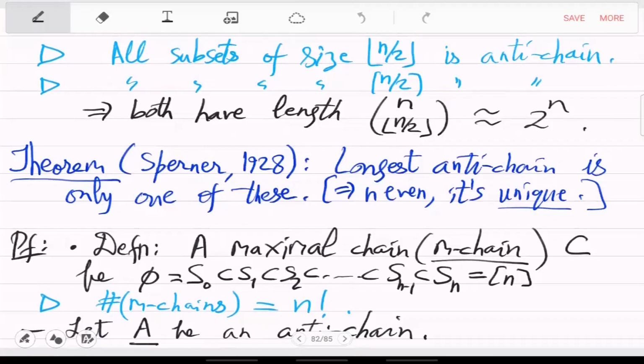Okay, so let's continue with this proof. Although it's a very old proof, it's not easy. It's elementary and tricky. So we want to show that the longest anti-chain of a poset of size n is, well, I should also say that it's not a general poset, right?